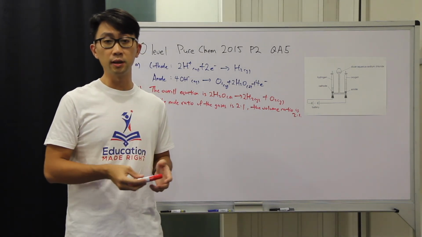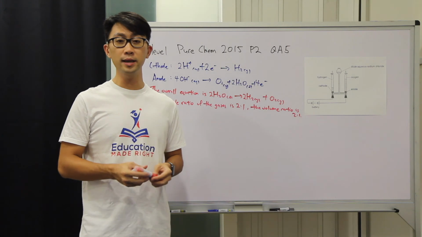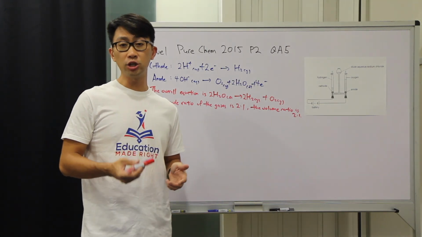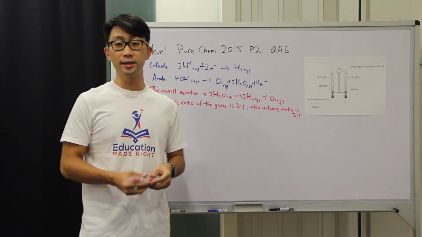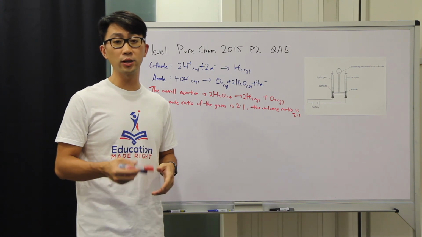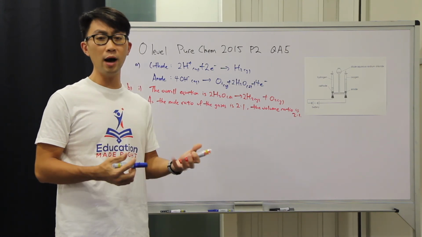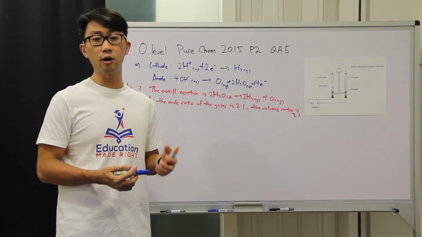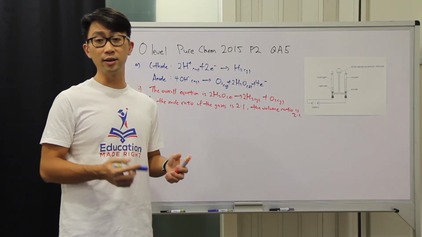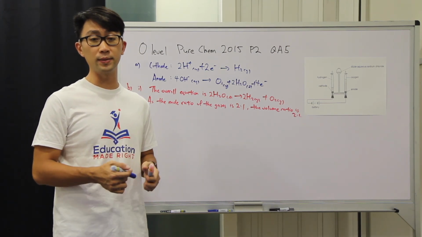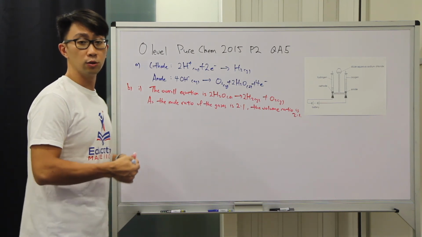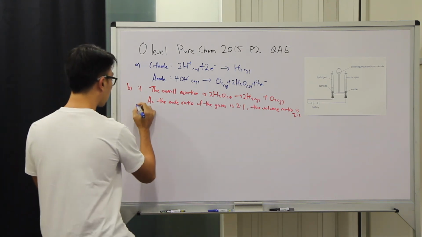So back to the question. Oxygen is more soluble than hydrogen in water. This changes the ratio of the gases that are collected. So for part 2, they're asking, explain how and why the solubility of oxygen can affect the ratio of hydrogen to oxygen that is being collected.